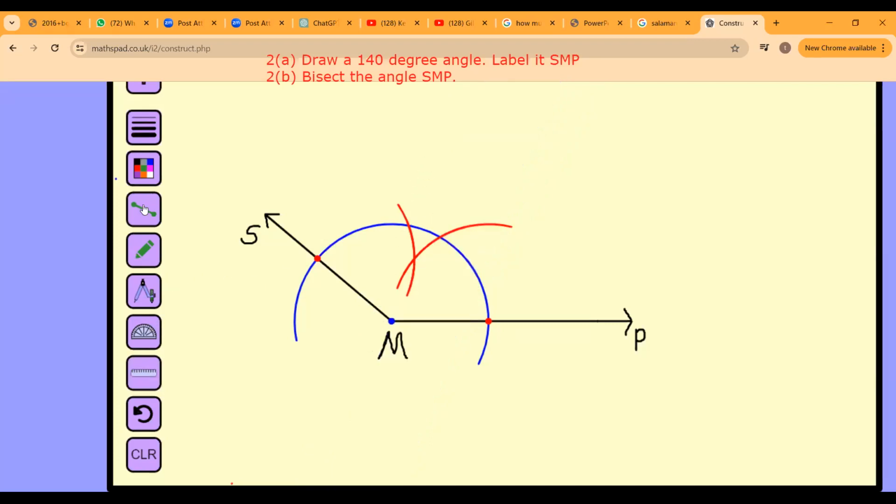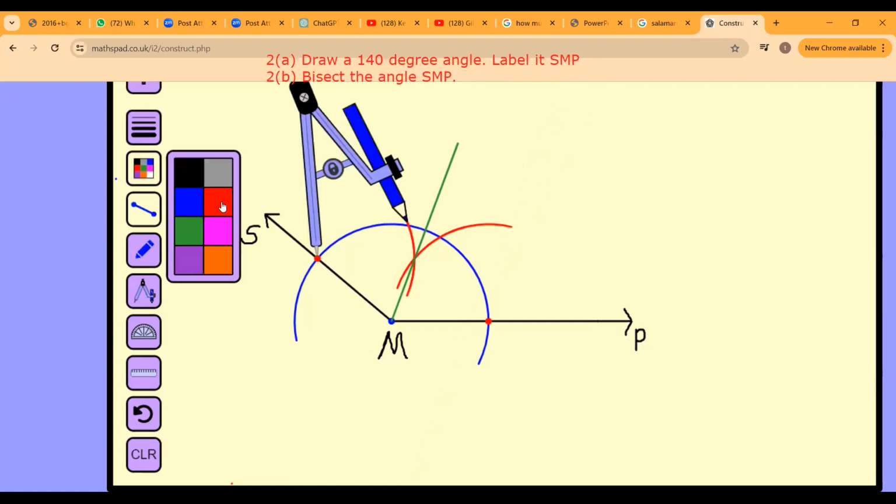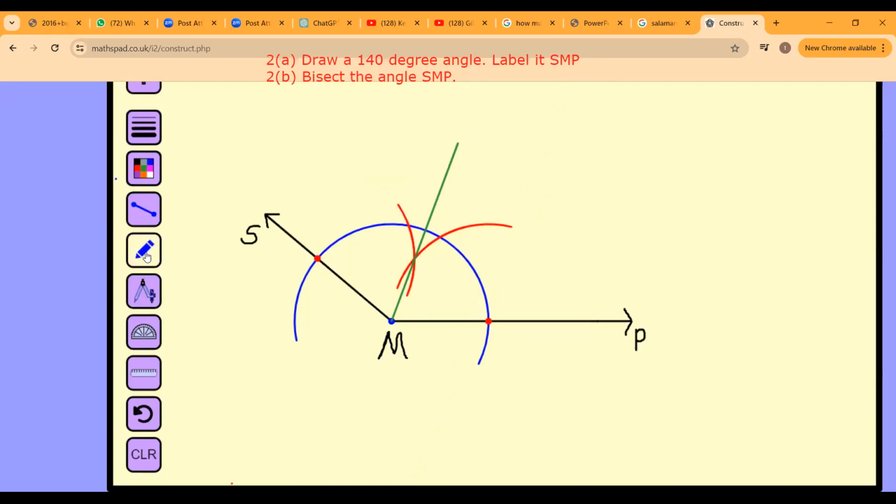So we're gonna draw a line starting from here, all the way straight through, just like that. We call this line the bisector.